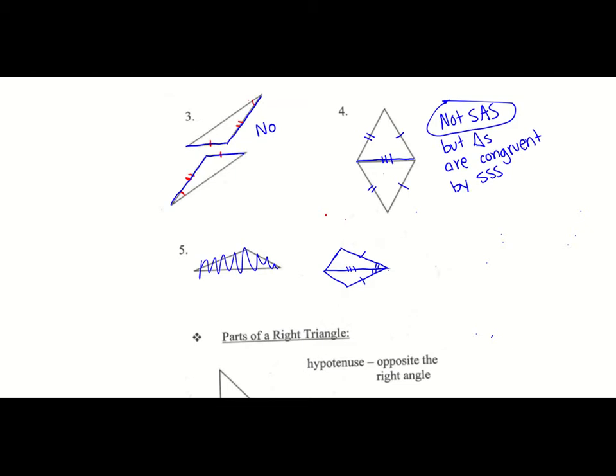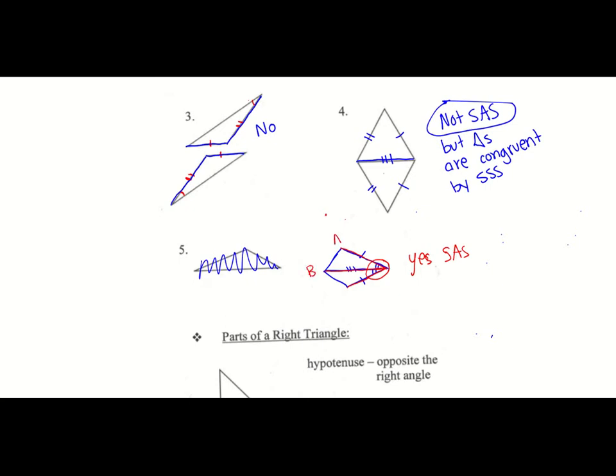So if we have this side and this side coming together, and this side coming together too, we can see that our angle here is included where those two red lines come together. So in this case, we can say yes, side angle side, because that is where our angles are included.